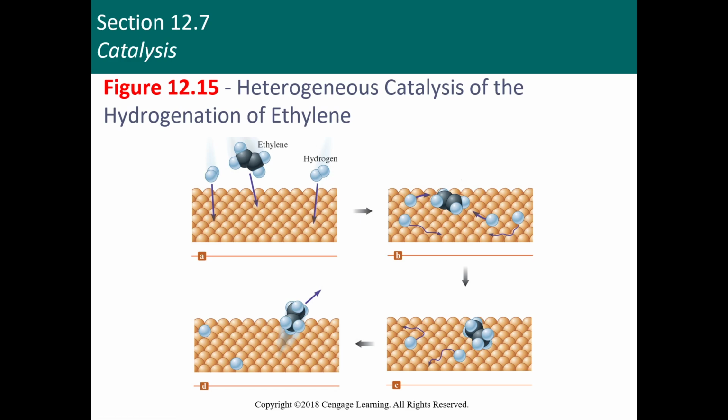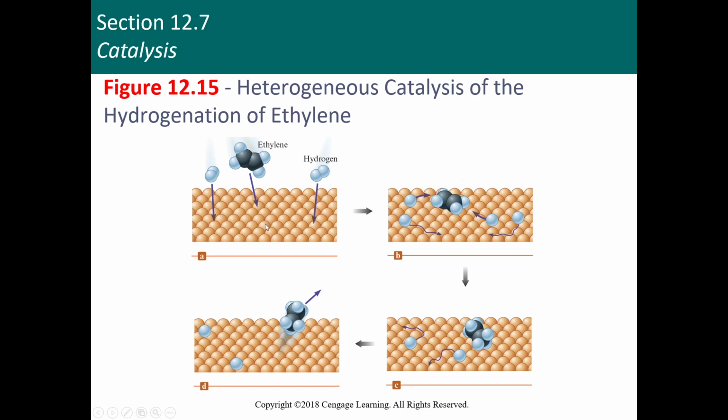All right, and so what's happening here? Hydrogen reacts with ethylene, and it does so by first adsorbing onto this catalyst surface, which is your heterogeneous catalyst, of course. And then these hydrogen molecules will then separate on this surface. They'll be stabilized on this surface.